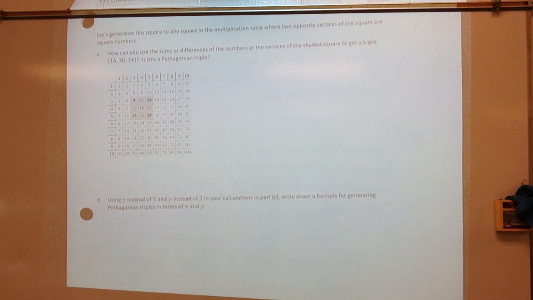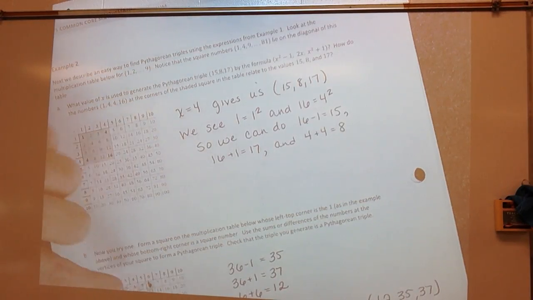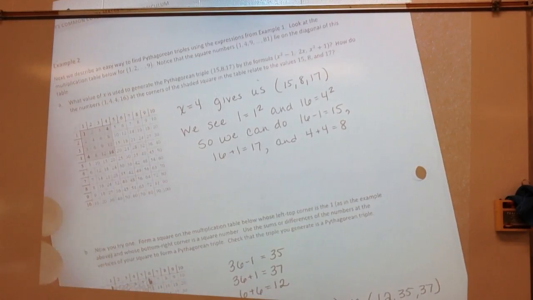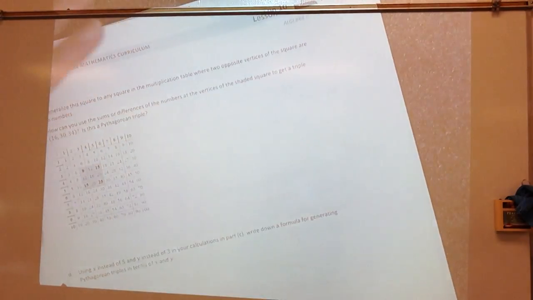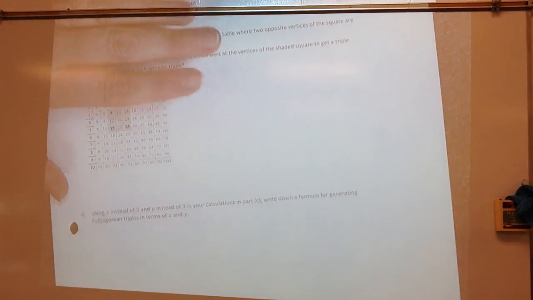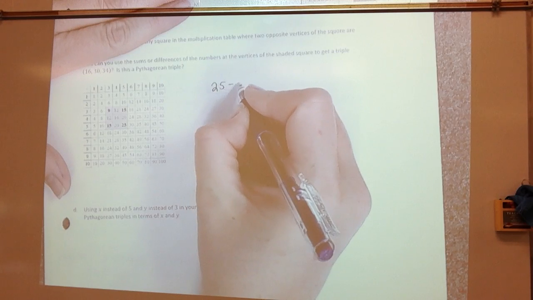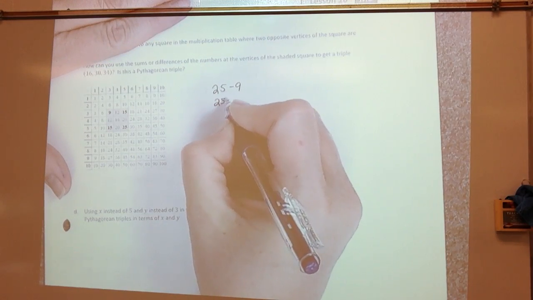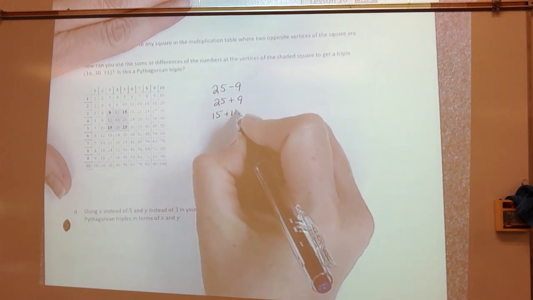So following what we did back here, 36 minus 1, 36 plus 1, 6 plus 6, let's do that. Let's see if that works. So 25 minus 9, 25 plus 9, and then 15 plus 15.